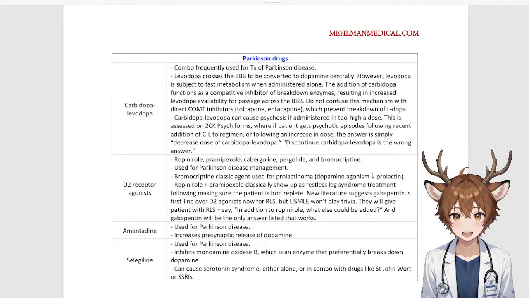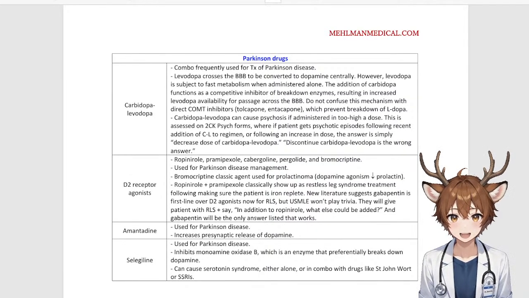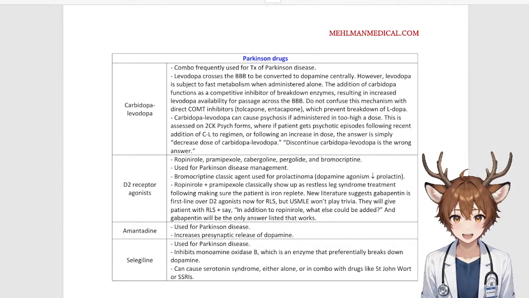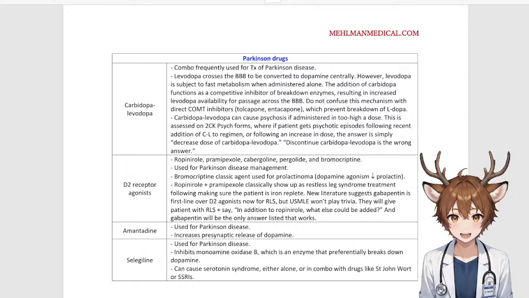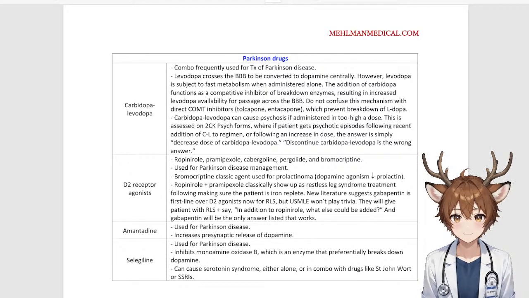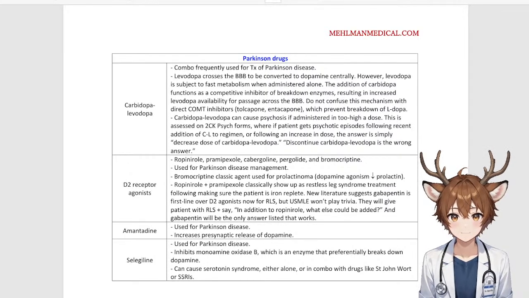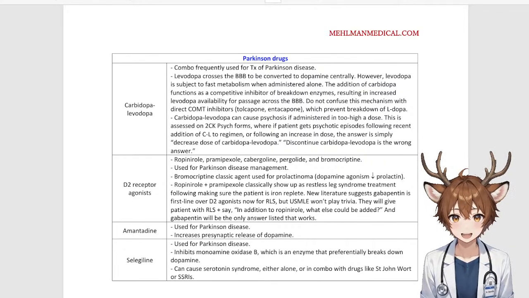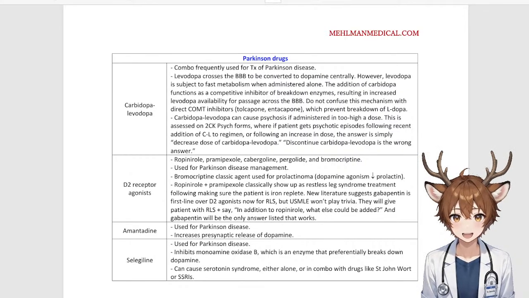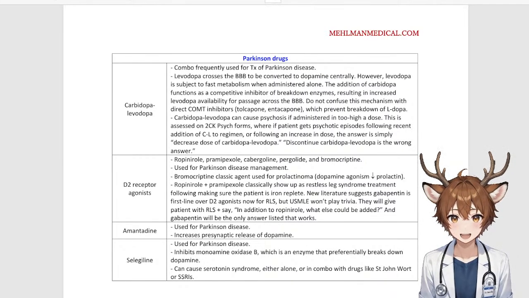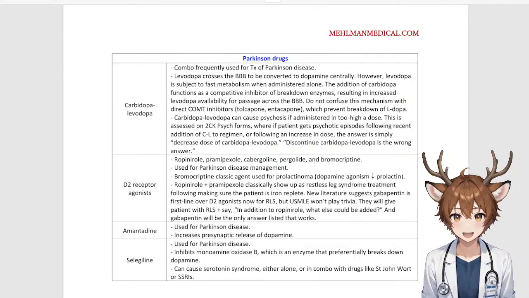Not to mention that dopamine in excess in the peripheral system can lead to other secondary effects which are undesirable. Therefore, what do you want to do? The addition of carbidopa functions as a competitive inhibitor of breakdown enzymes. Sort of. It's more accurate to say that it's an inhibitor of an enzyme that converts levodopa into dopamine in the first place, resulting in increased levodopa availability for passage across the BBB.